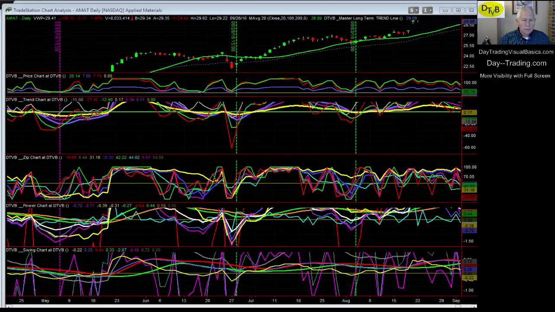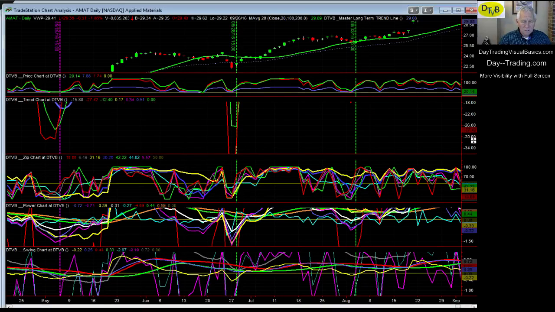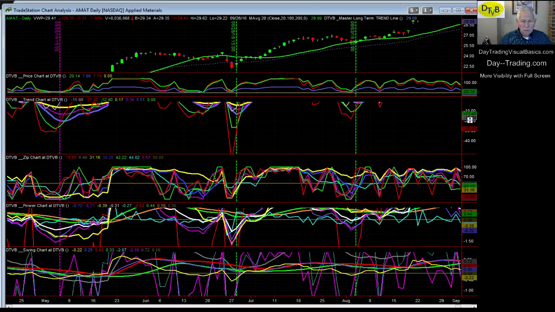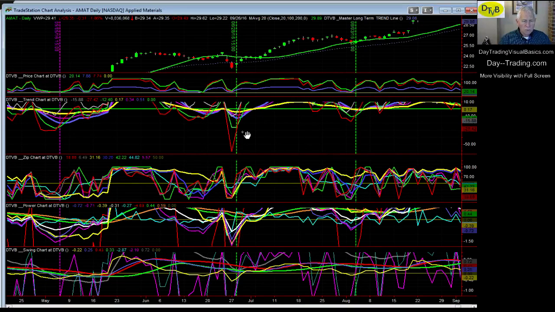I'm in a trend red going up. It's under green, but trend green is in a significant low angle down pattern. And when trend green is on a super low angle and trend red has gone up right under it, next to it like this, that's a good indication of a nice uptrend.